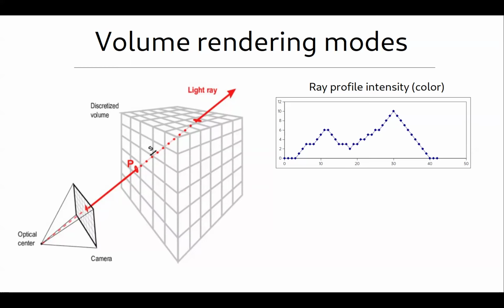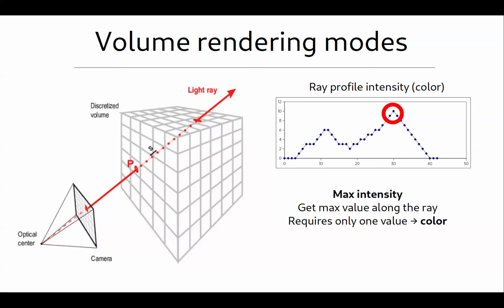The type of volume rendering depends on what you do with this ray intensity profile. Here I drew some arbitrary intensity. On the left, the red arrow is the ray, and the intensity along the ray is shown on the right. Maximum intensity picks the maximum value.